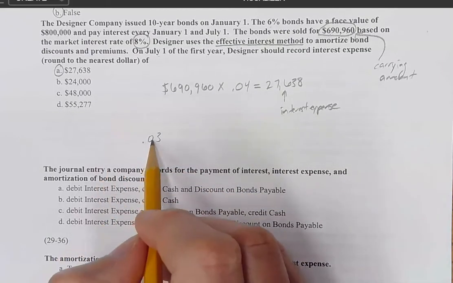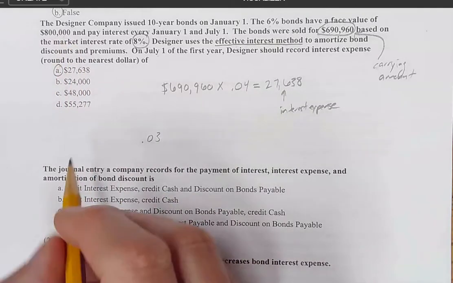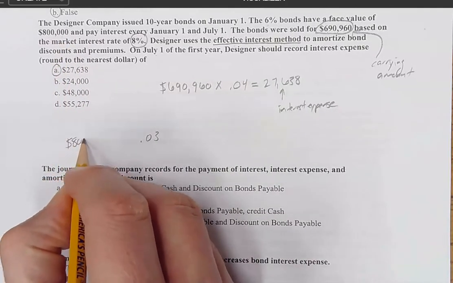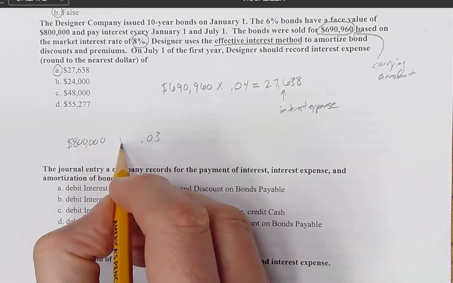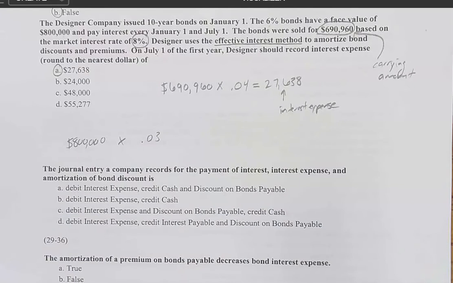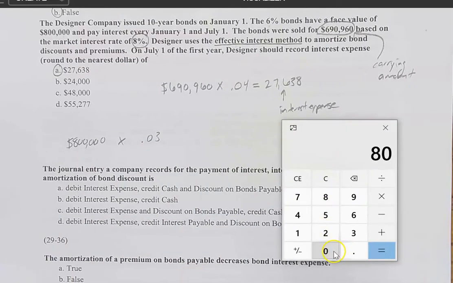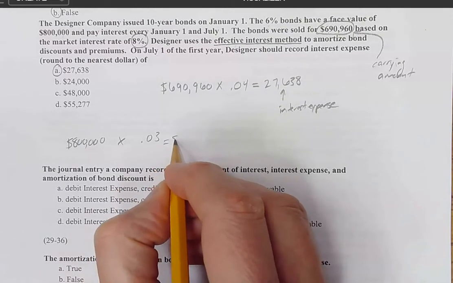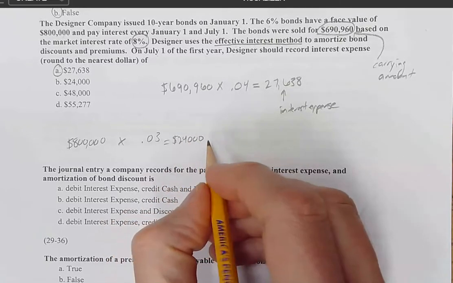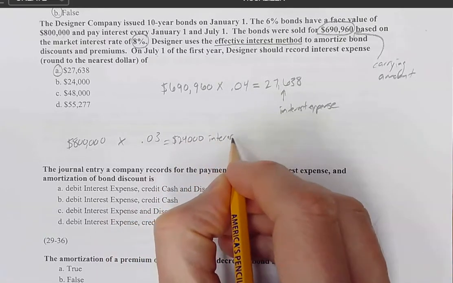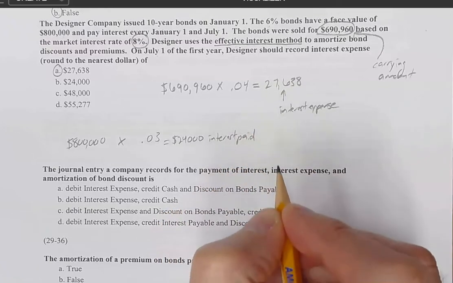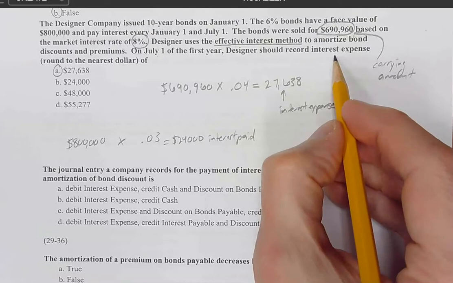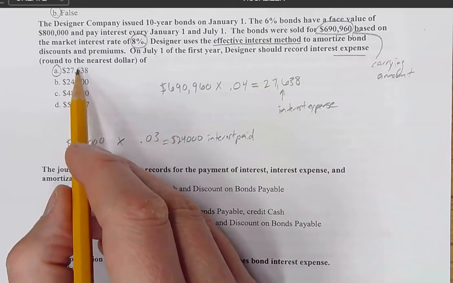And we're going to multiply that by the face value of the bond. So actually I'm going to move that over here and say 800,000 times that. And I believe that should be $24,000, times 0.03 equals 24,000. And that is the interest paid. But remember, in the question they asked for interest expense, and that's why A is the correct answer.